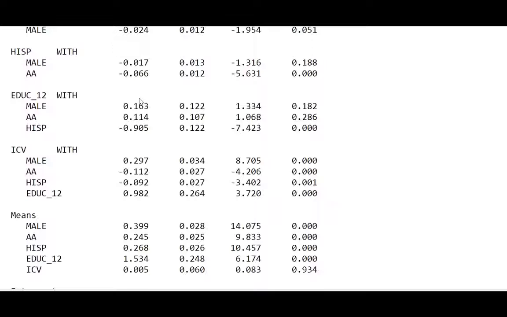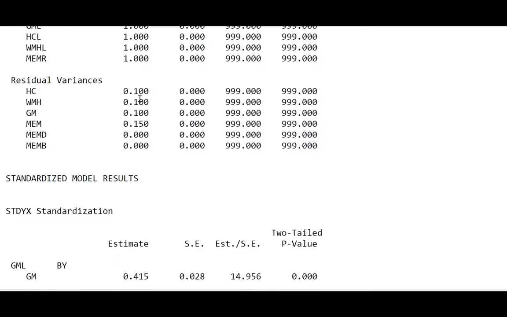So the approach I took was to actually look at the relationships of those variables and to fix the variables that weren't significantly related to each other to zero. And then you do away with a completely determined model where you have the same number of parameters as elements in the data. Okay, and that's just very much a modeling decision, and that's one of the complications of this approach.